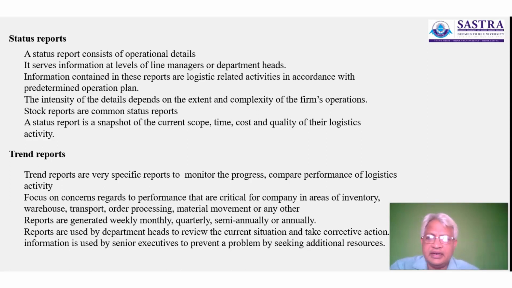The intensity of this depends on the complexity or criticality of the firm's operation. Normally a stock report is one general example of a status report. It's a snapshot of the current scope, time, cost and quality of the activity.